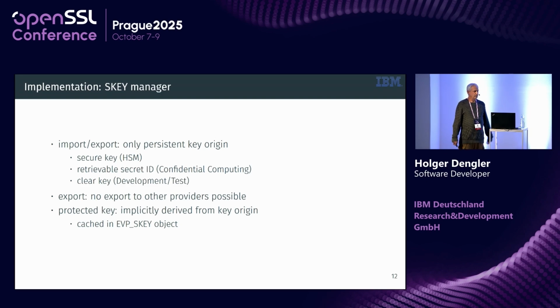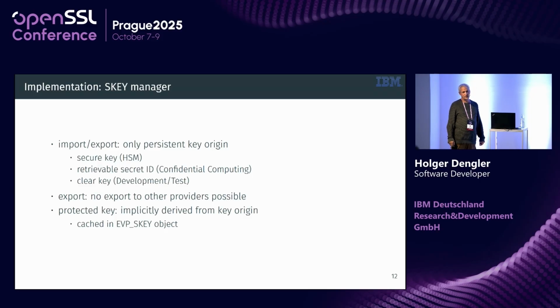Okay, and the main part of the S-key manager is then doing the initial derive of the key origin and creating the first protected key so that it can be used in the cipher.